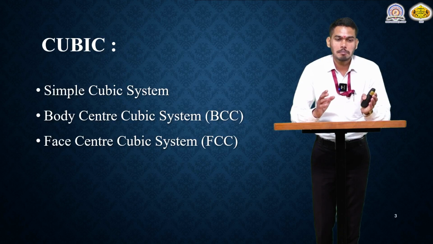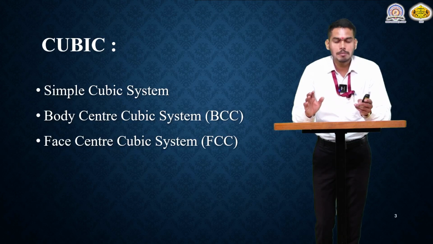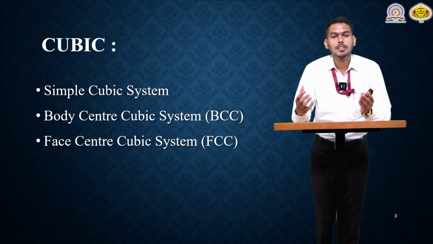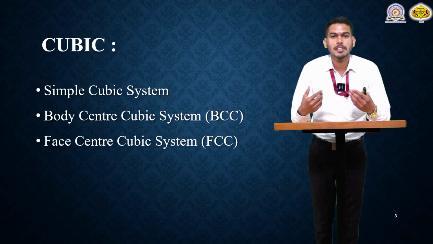Previously we have seen 7 crystal systems which are classified on their height, length and breadth and the angle between them. These 7 crystal systems are further classified into 14 Bravais lattices, according to the arrangement of those lattices in space.